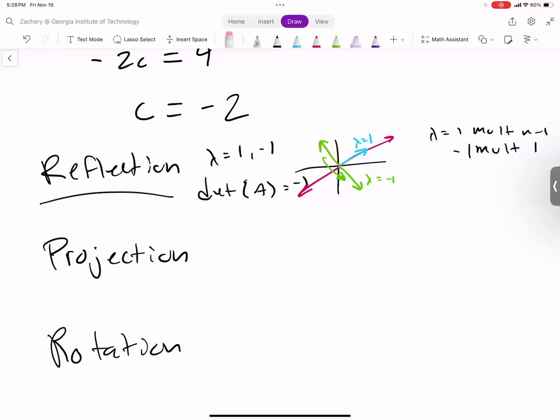In 4 space, you can flip over a 3 space. In 5 space, a 4 space, and so on. You're always going to be missing one dimension from whatever you're reflecting across. Whatever is sticking off of what you're reflecting across has a dimension of 1, a line sticking off a plane, and whatever you're reflecting across has a dimension of n-1.